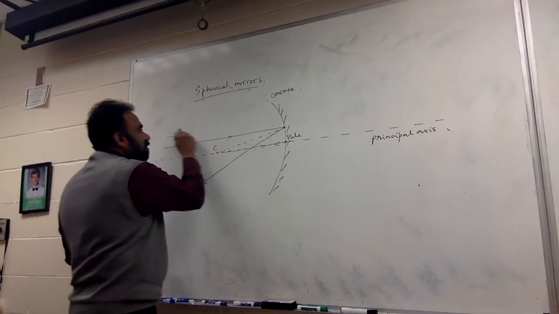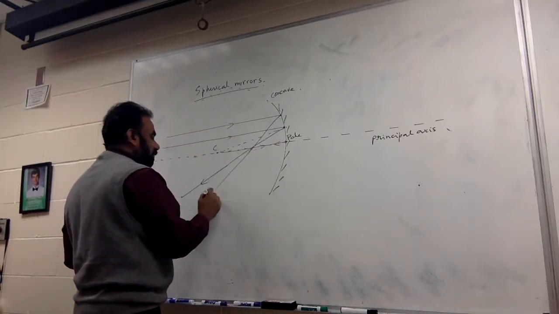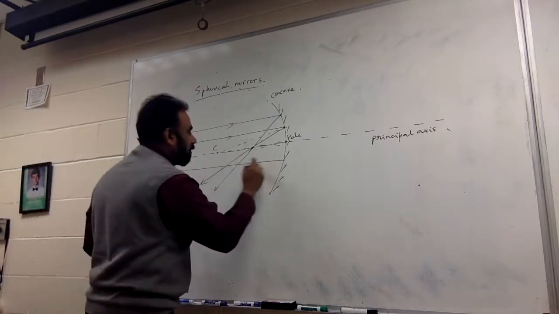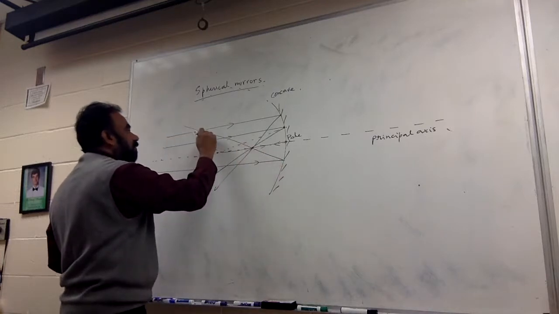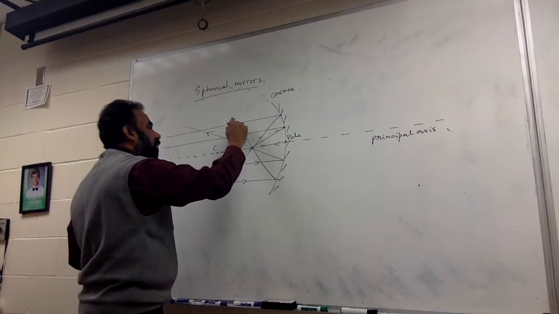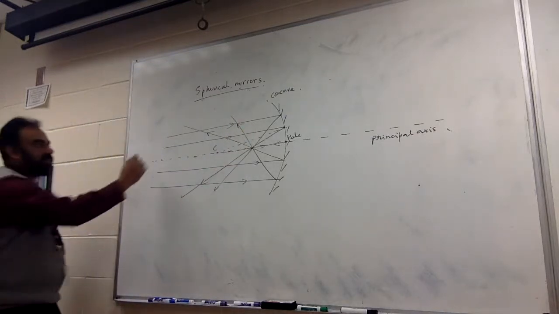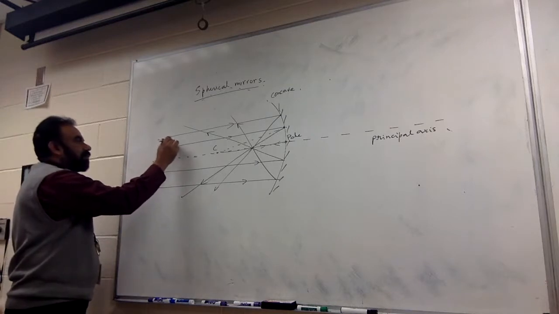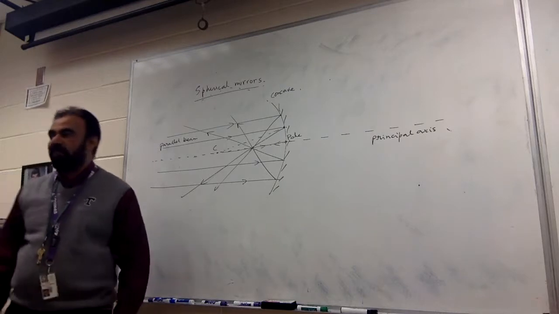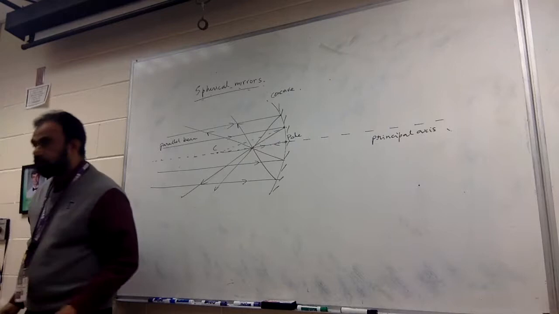Now if a ray goes and hits wider, it goes through like that. All these rays are parallel, it's a parallel beam of light. So what happens to the parallel beam of light when it comes and hits the concave mirror?